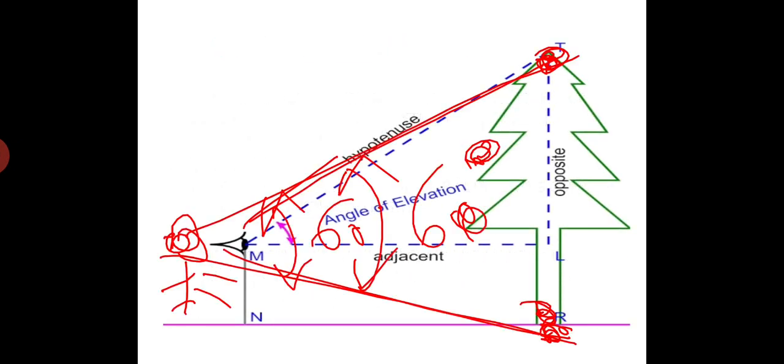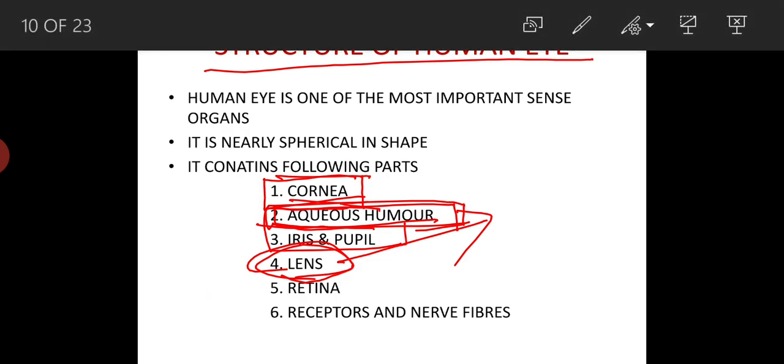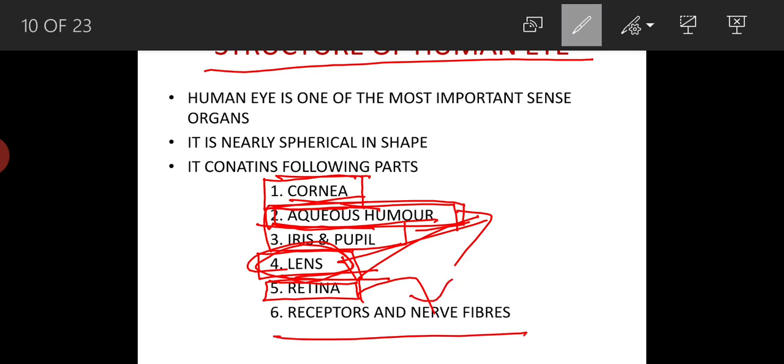And next, a very important part is the lens. The lens is responsible for image formation, and it enables us to see the objects. And retina. The retina is a part which receives the information of the image, and it transmits the information to the brain through receptors and nerve fibers.